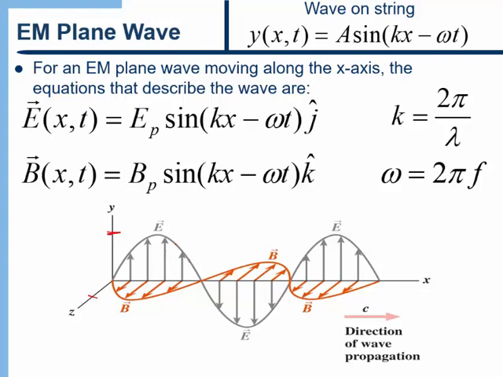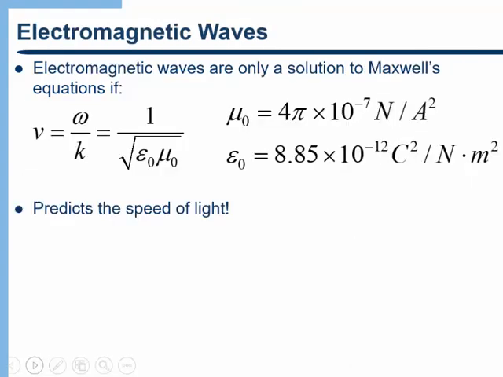But even more remarkably, Maxwell was able to show that the speed of an electromagnetic wave should be related to mu naught and epsilon naught, those two fundamental constants of electricity and magnetism.